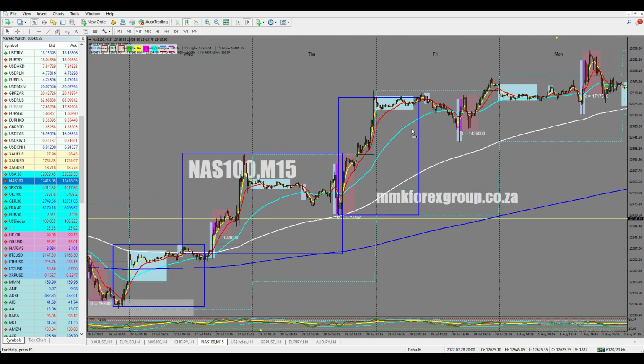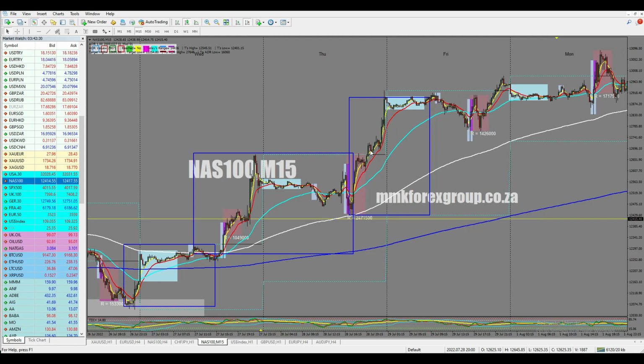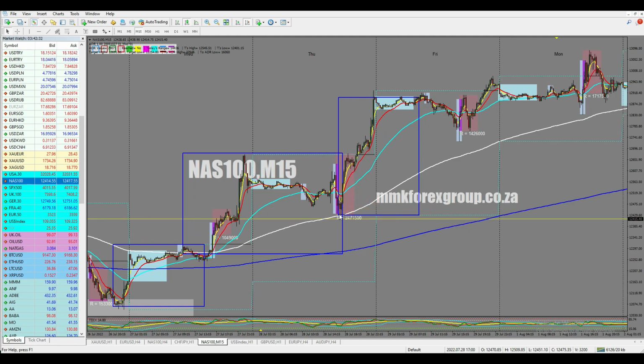And within this move, this was one day, we can see a push into a consolidation, and a very small push. Not really something, but yeah, that's the pattern.